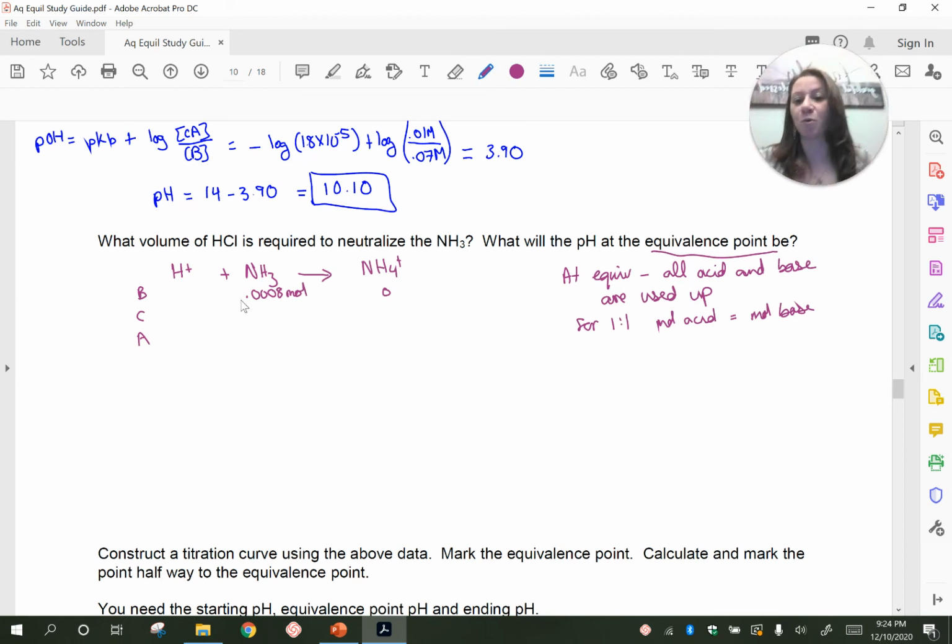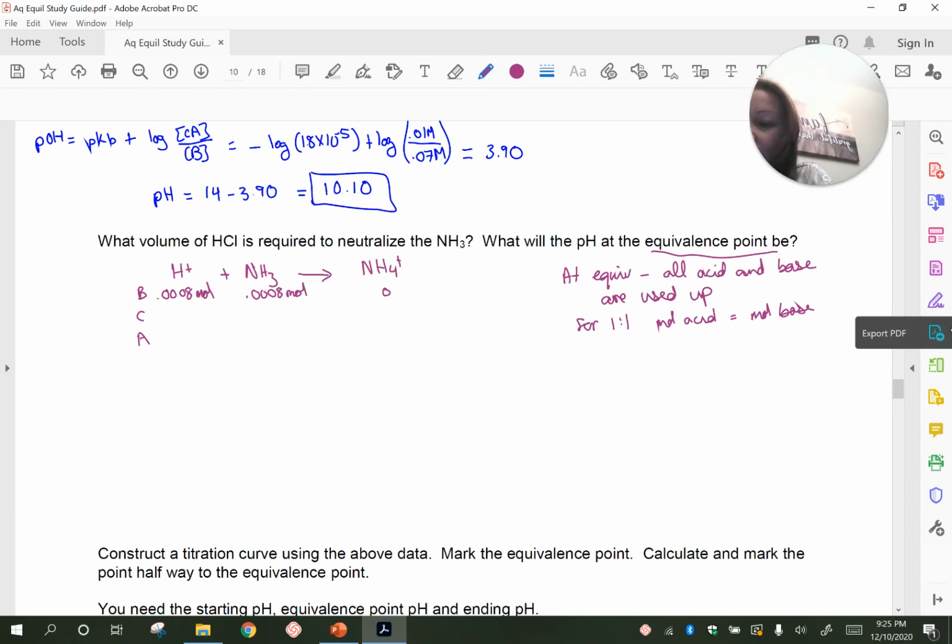If I need to use both of them up, then there is no limiting reactant. There's no excess reactant. Both of them have to be used up. And so if I start with 0.0008 moles here, that means I also have 0.0008 moles here. And that is going to help me figure out what volume of HCl I'm going to use. But I'll do that in a second.